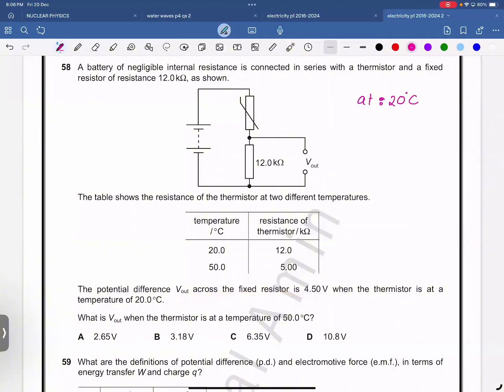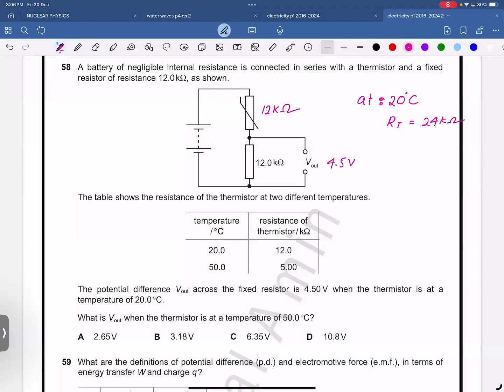At 20 degrees, my dear, the resistance is 12 kilo ohms, yes? And V out is how much? 4.5 volt, right? Yes or no? So let's find EMF. So total resistance how much? 24 kilo. This is easy.